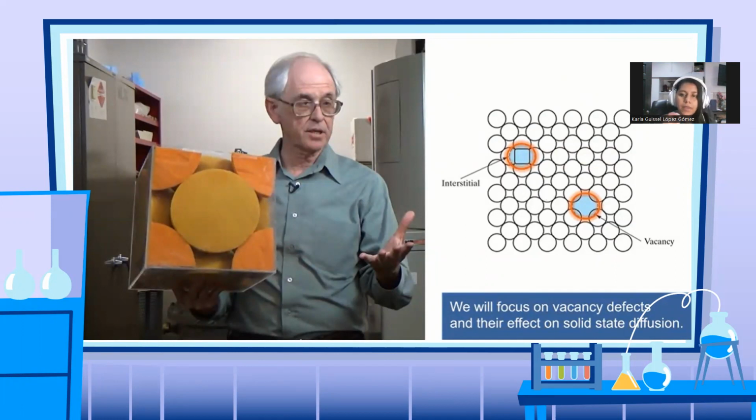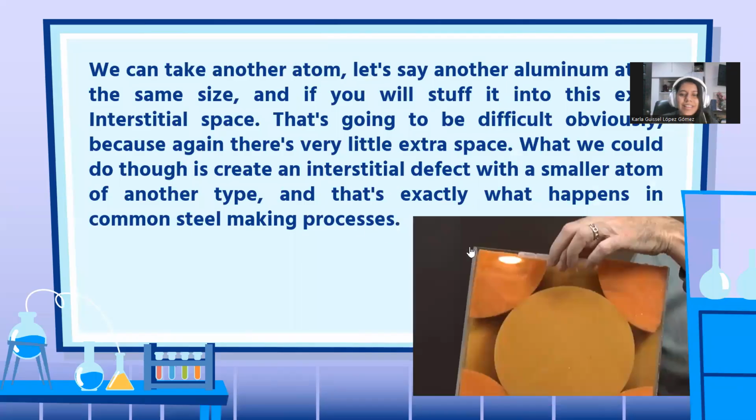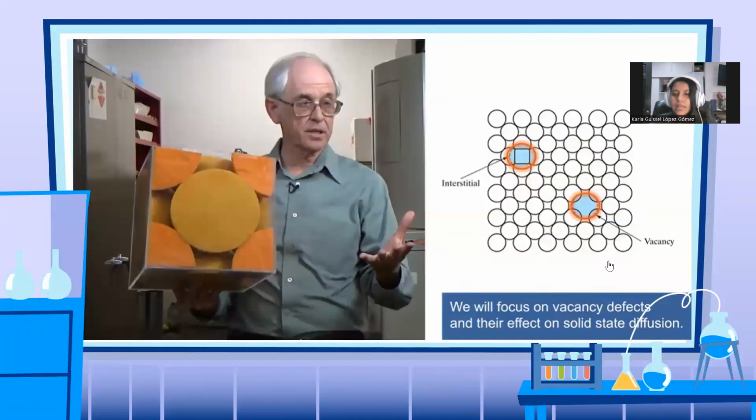They told us that in the next video they're going to tell more about the defects. They only give us this to understand it and to put us in context. The thing with the defects is that they are like little spaces where you could add other atoms, but smaller atoms.